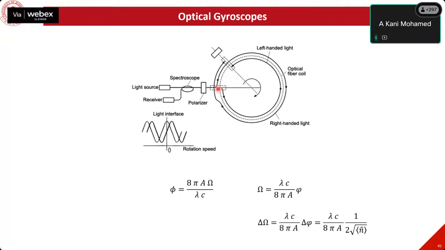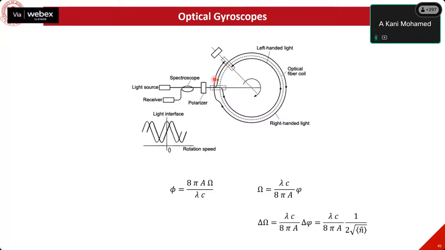So finally, zero phase difference between the two lights. But if the entire instrument rotates, the light which is traveling along the direction of the rotation needs to travel an extra length, whereas the light which is traveling opposite to the direction of the rotation will travel less length when it gets recombined.